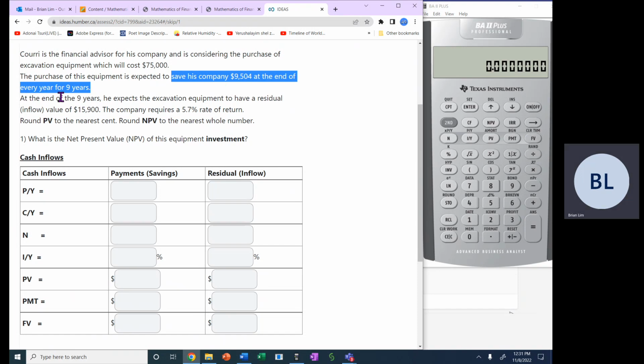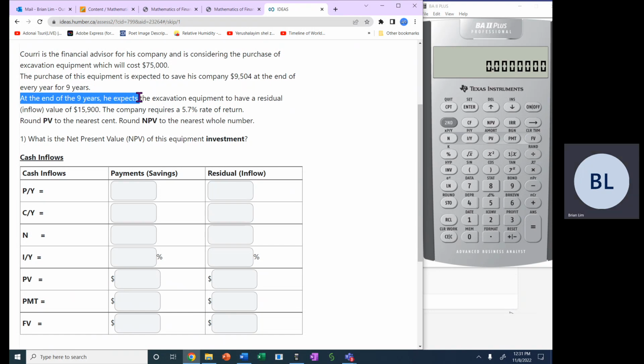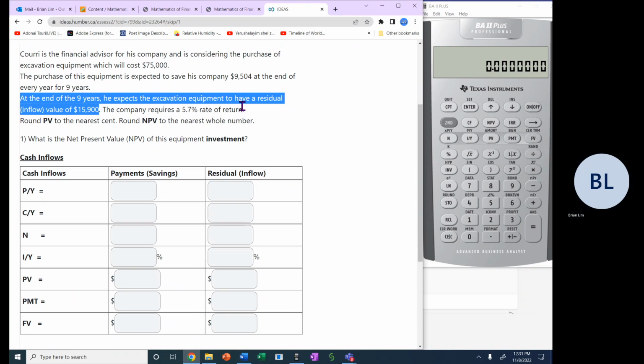At the end of the 9 years, he expects the excavation equipment to have a residual value of $15,900, meaning it can be sold for $15,900 or something of that nature. Anyway, it has that value.